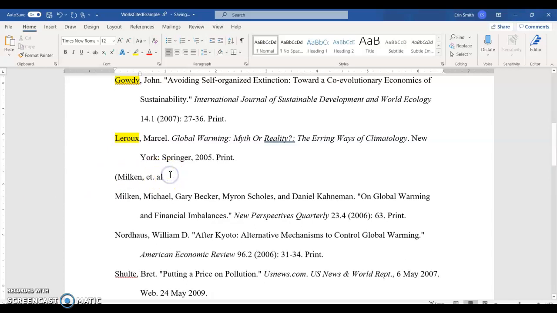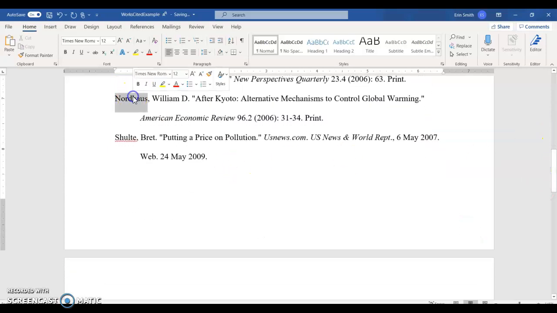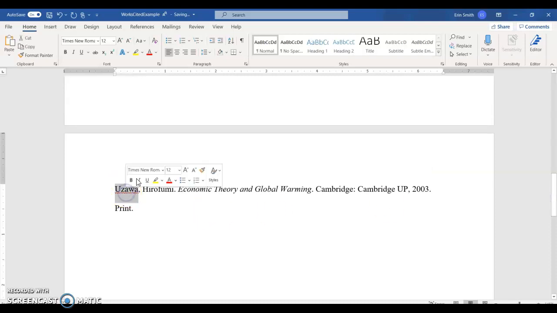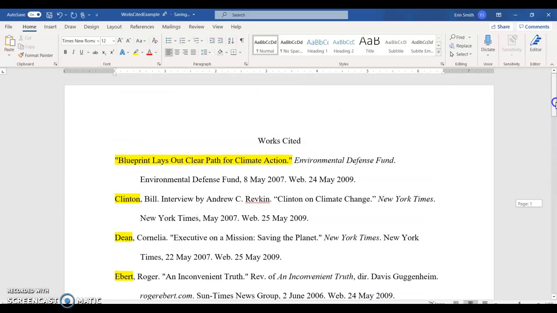So if I were citing this one, it would end up looking like this in my parentheses. This one would be Nordhaus. This would be Schulte. And then Zawa. So everything I highlighted would be your parenthetical citation. So if you need my help with that, let me know.